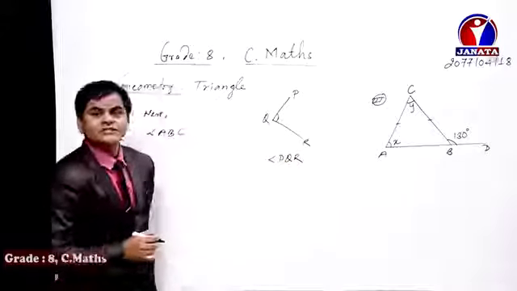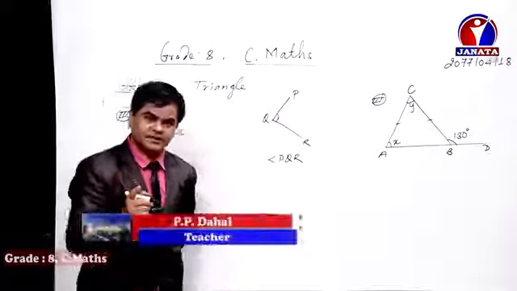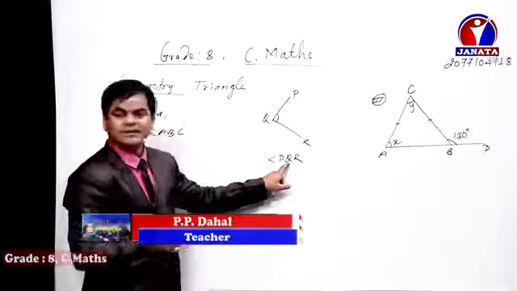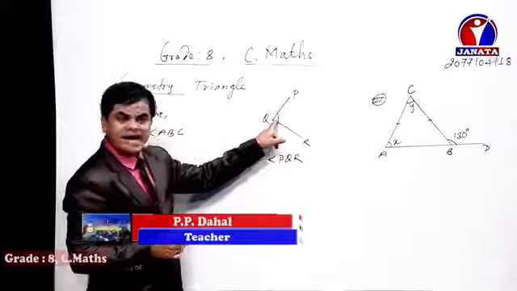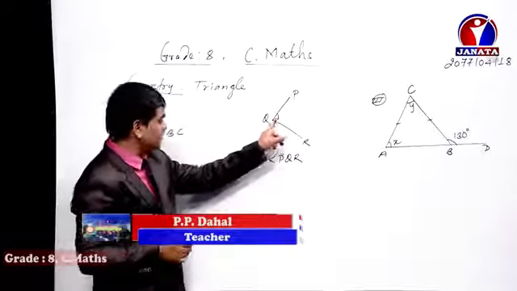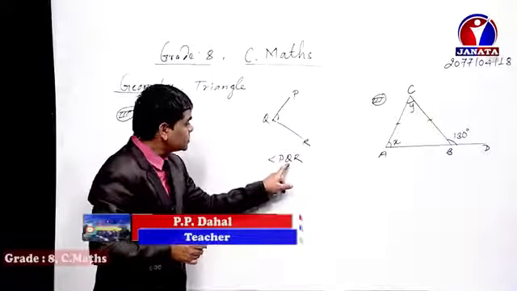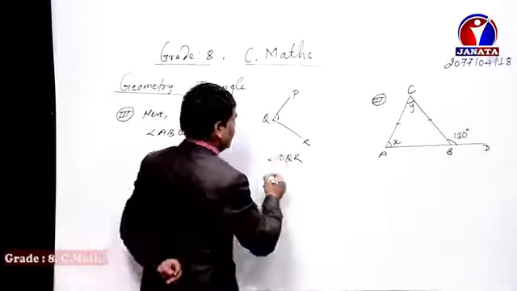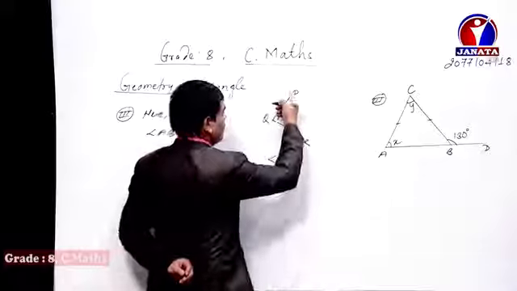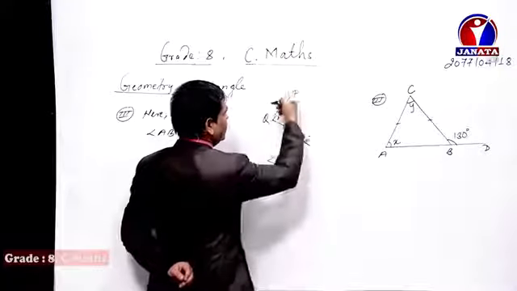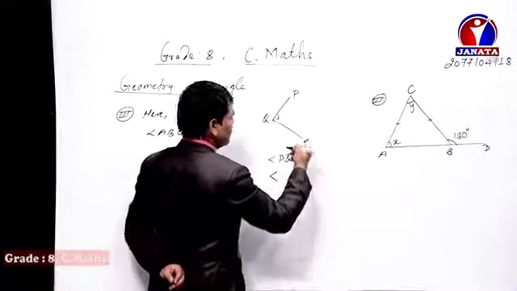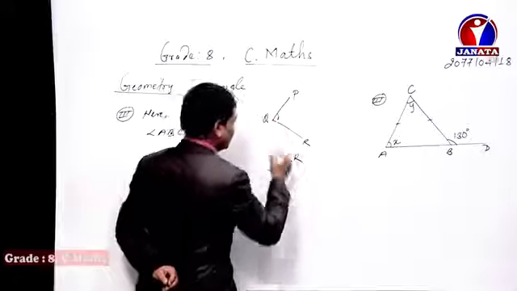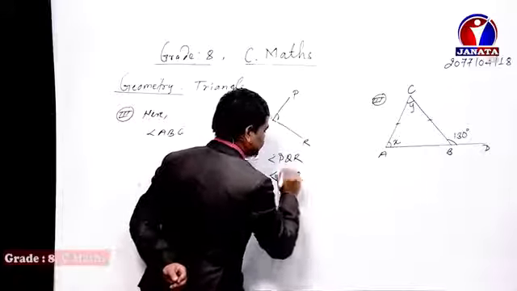The angle we are going to denote should be kept in the middle, isn't it? So Q is the angle we are denoting, that's why Q comes in the middle. Similarly, there is another way too. From this side, angle PQR, or from this side, angle RQP. You can write RQP as well, okay?